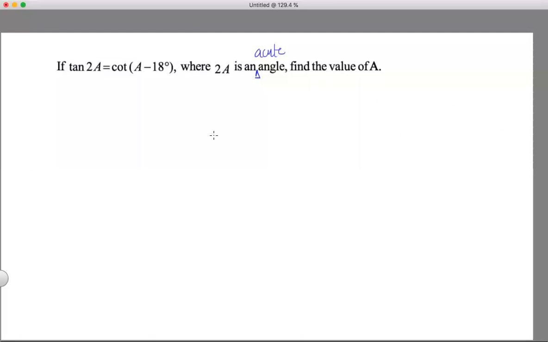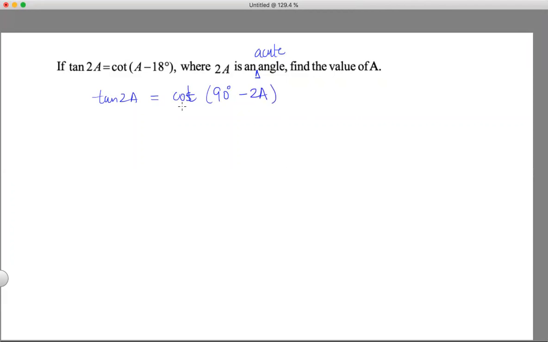How will we do this? सर tan 2a को लिख सकते हैं cot 90 minus 2a. Very good. Very good. Okay, so we can write tan 2a as cot 90 degree minus 2a. Sir, answer 36.